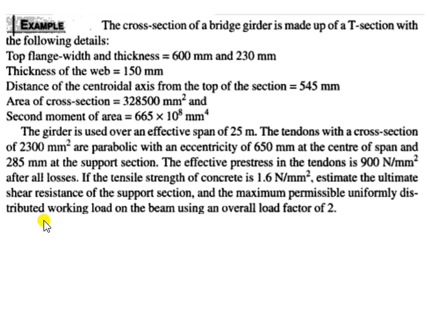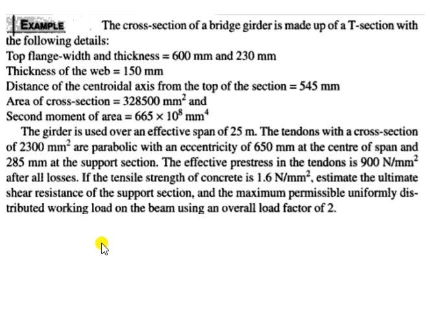The effective prestress in the tendon is 900 Newton per mm square after all losses. If the tensile strength of concrete is 1.6 Newton per mm square, estimate the ultimate shear resistance of the support section and the maximum permissible uniformly distributed working load on the beam using an overall load factor of 2.